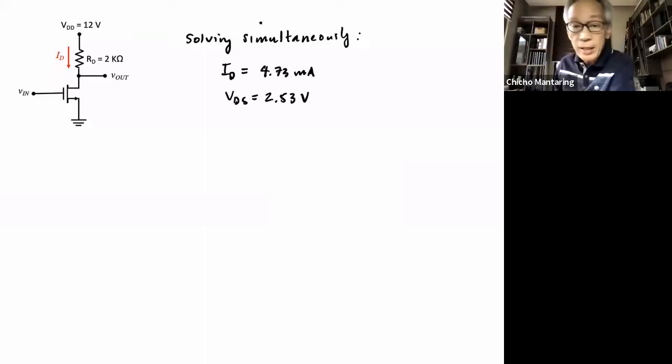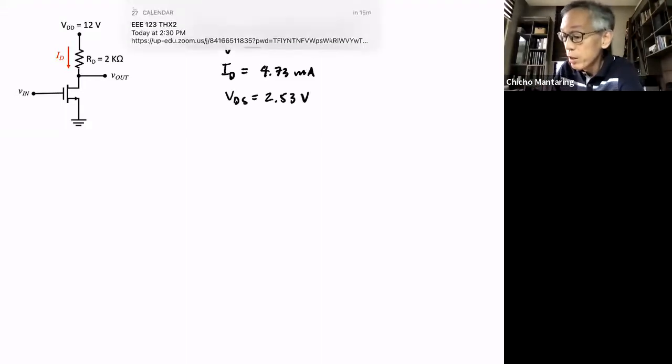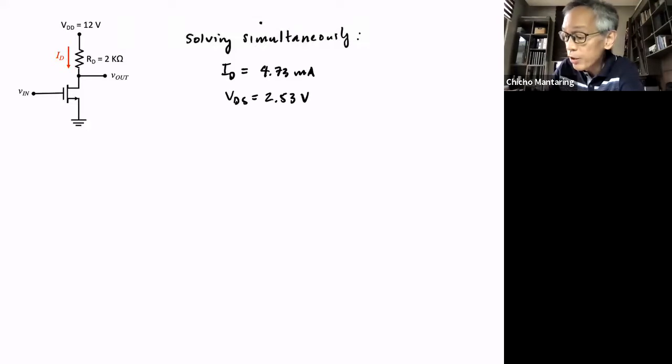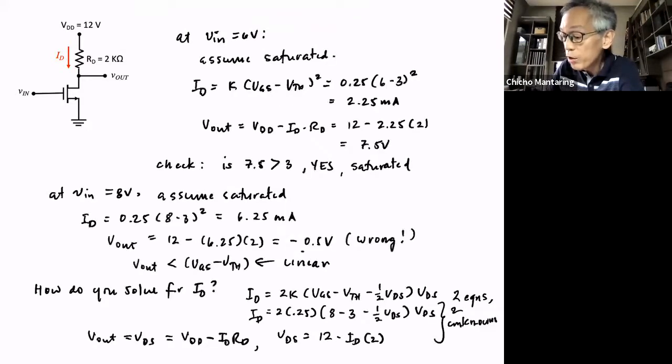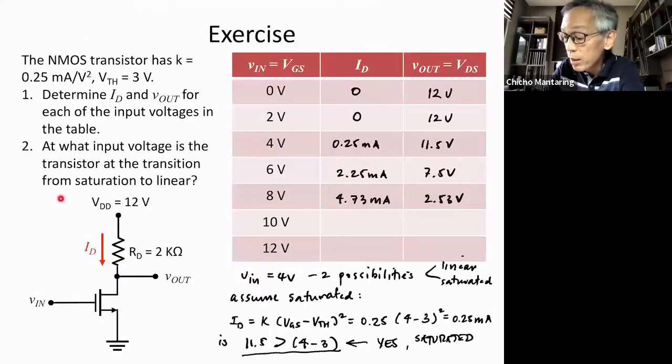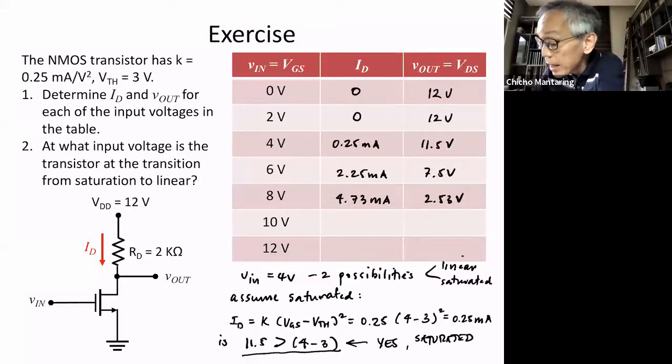Okay, that's probably all I should talk about now. Otherwise, baka ma-overload kayo. So just as an exercise also for you, subukan yung gawin yung number 2. At what input voltage is the transistor at the transition from saturation to linear? No? So it's somewhere between 6 and 8.